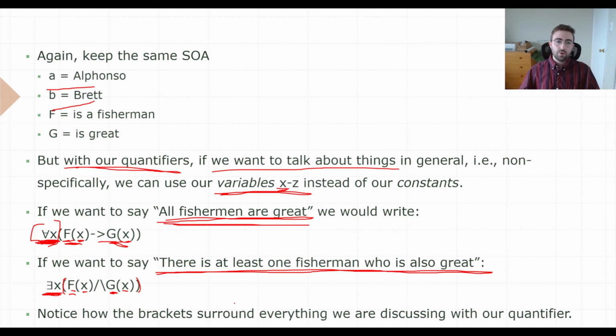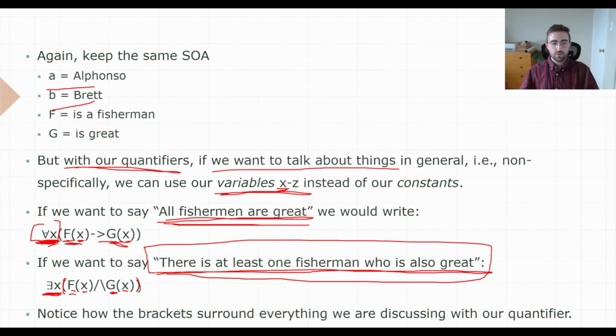But because this English claim is not about one specific person, it's just about some vague fisherman who is also great, then we use this variable x instead of our constants a or b.